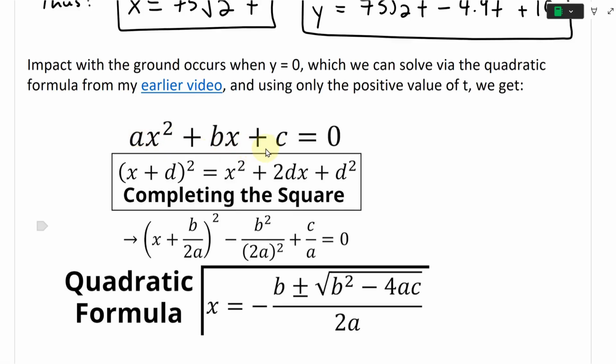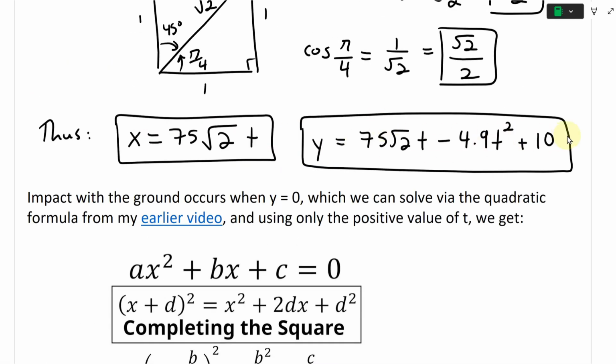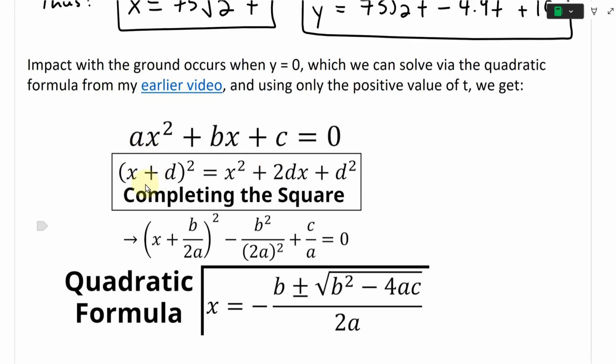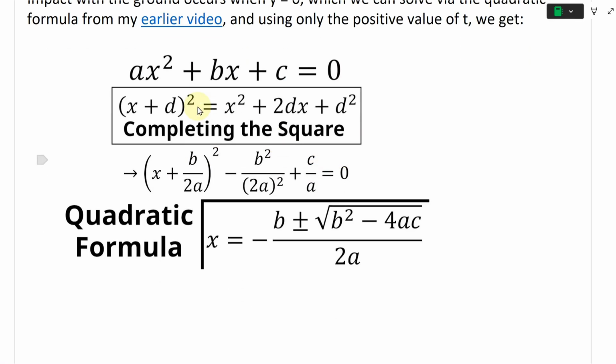So ax squared plus bx plus c equals 0, set that equal to 0, and then if you complete the square by noting that x plus d all squared, if you FOIL this out, is x squared plus 2dx plus d squared. And then you do the same thing with this one here. So you divide out a, and you're going to have c divided by a, b divided by a, and so on.